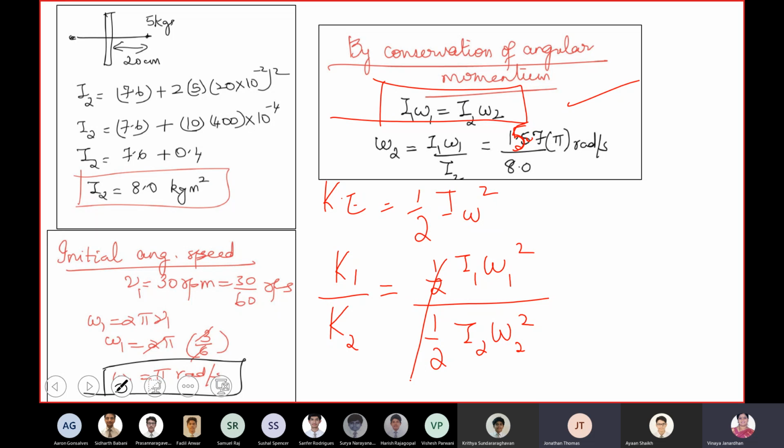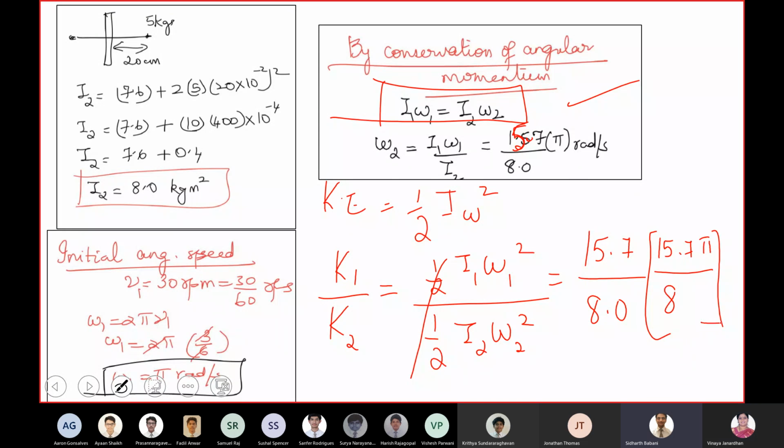Angular speed is omega, boys. What was I1? It is 15.7, correct? 15.7. This was 8. Omega 1 is pi by 8.